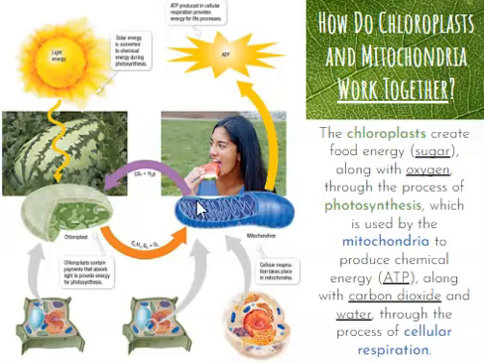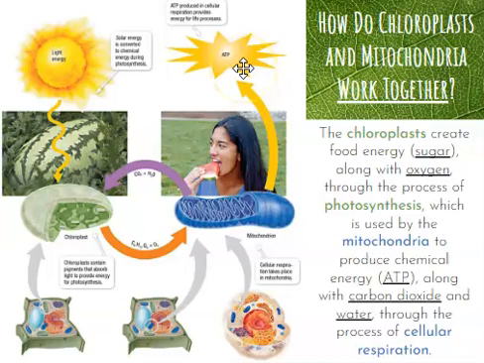So let's recap that one more time. The mitochondria is making ATP. That's its goal, to make this usable energy. In order to do that, it needs sugar and oxygen. It gets the sugar and oxygen from the chloroplast. So the chloroplast makes sugar and oxygen and provides it to the mitochondria. The mitochondria makes ATP. Goal accomplished.